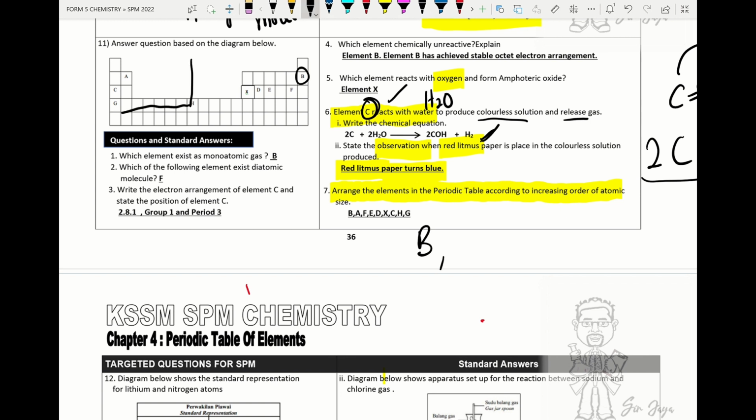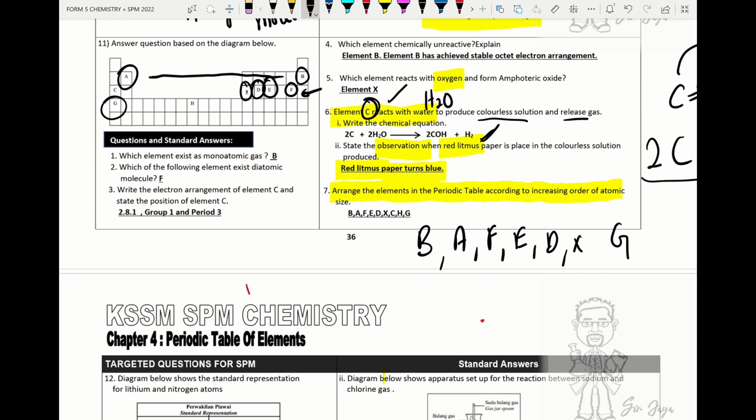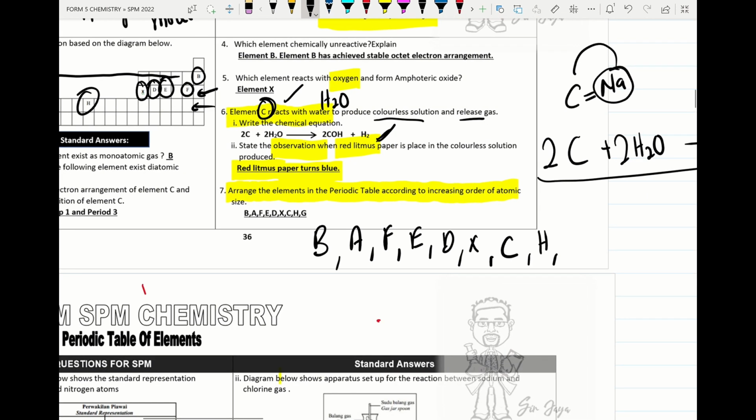From here we go down and go to the left hand side, this will be the biggest atom, so the biggest atom will be G. Now we find the next one, the second one will be A. Coming this way, we find F, then E, then D, then X, then C, then we come down here, H, and the biggest atom will be G.